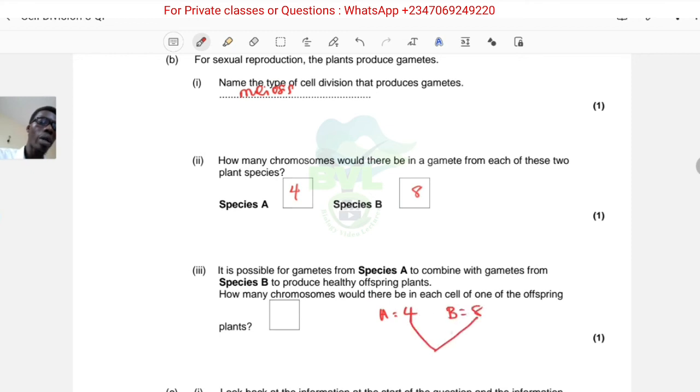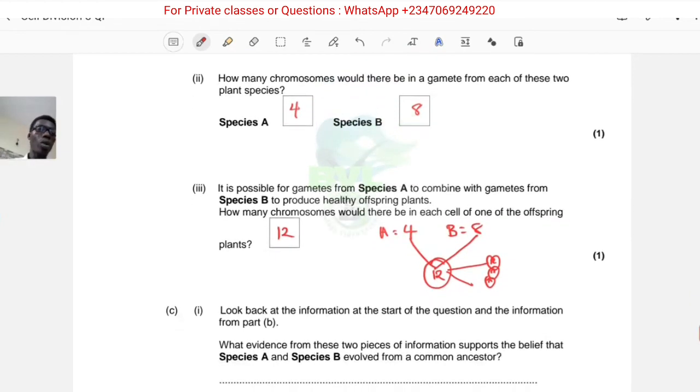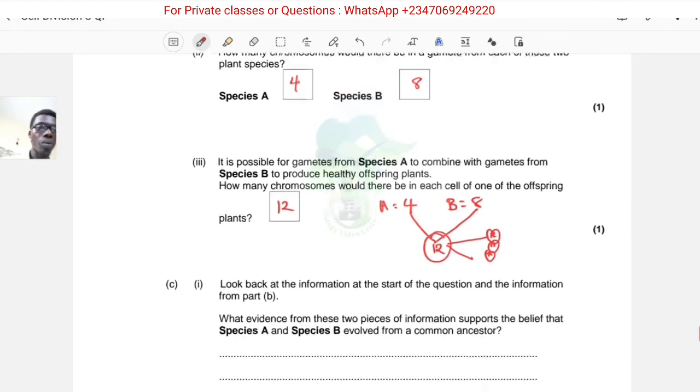So if this combined by fertilization, it's going to be 12 chromosomes in a cell. So if that starts dividing by mitosis, it's going to be 12 chromosomes in each cell, because we have to combine the two together by fertilization, then afterwards start dividing by mitosis.